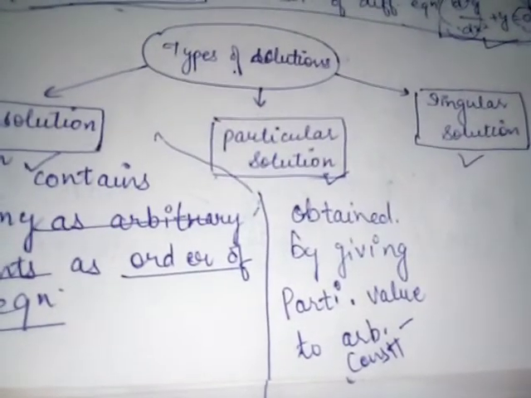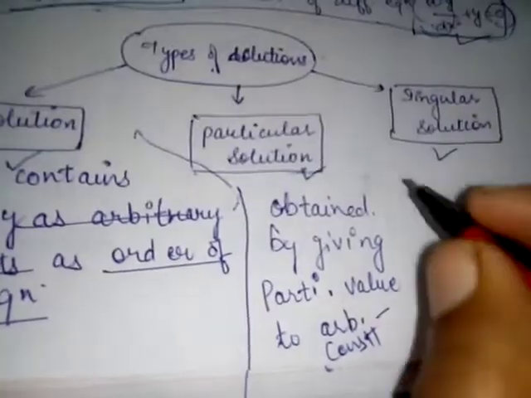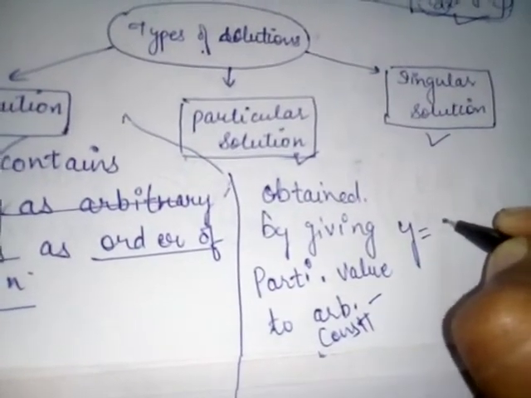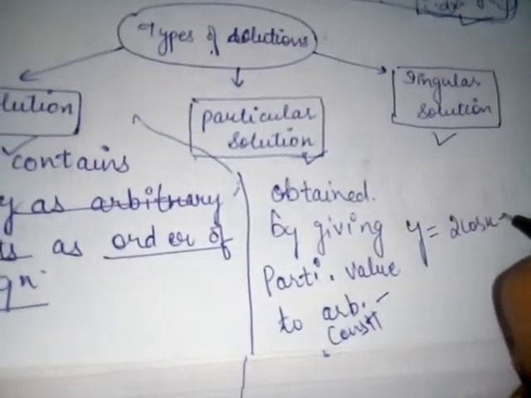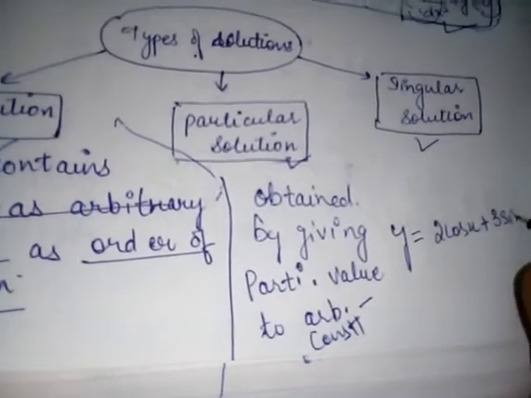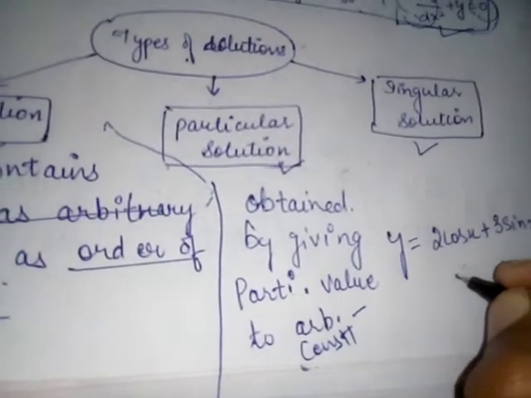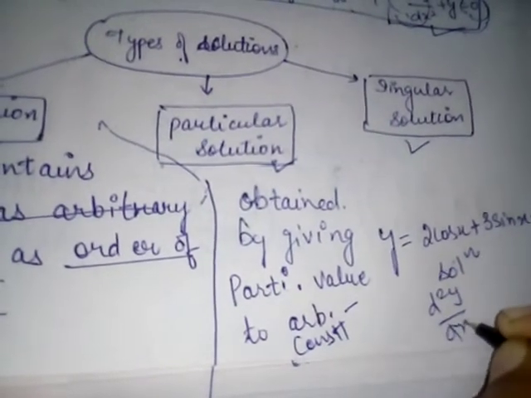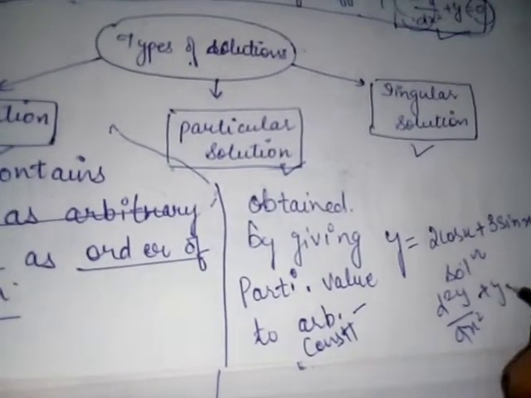Like for example, y equals 2 cos x plus 3 sin x is a solution of d square y upon dx square plus y equals to 0.